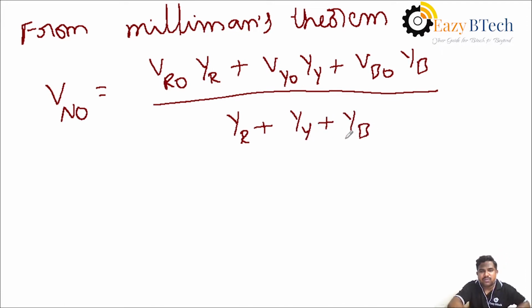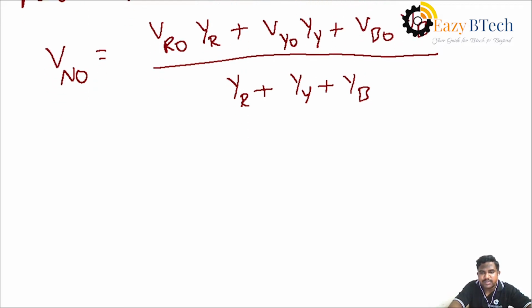This is the formula of Millman's theorem to find the voltage between the two star points, N and O, from the supply side to the load side. O is the star node point of the supply system, and N is the star node point of the load system.